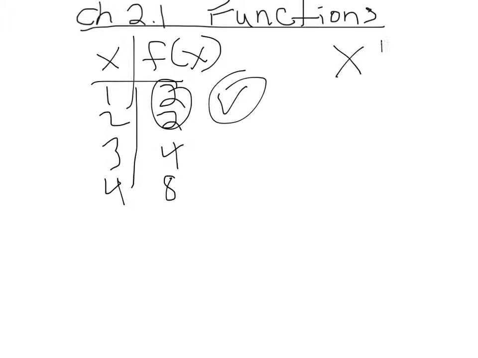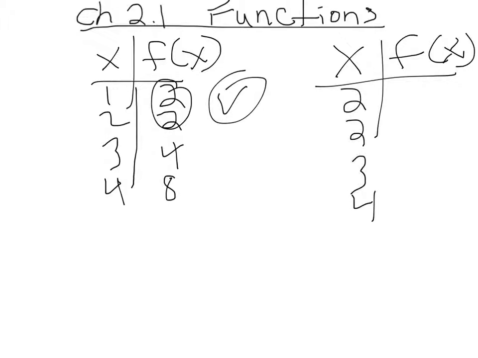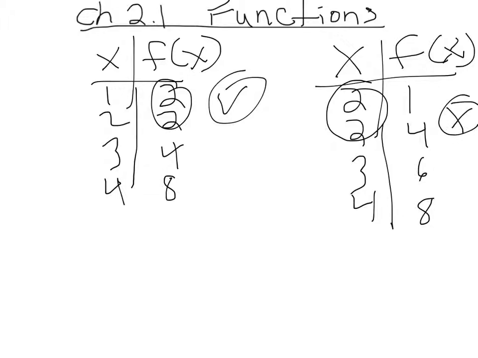However, you cannot repeat x values. So if I had 2, 2, 3, 4, and I had 1, 4, 6, 8, I don't know. If you repeat these, it's not a function because each x value has to give you a new y value.